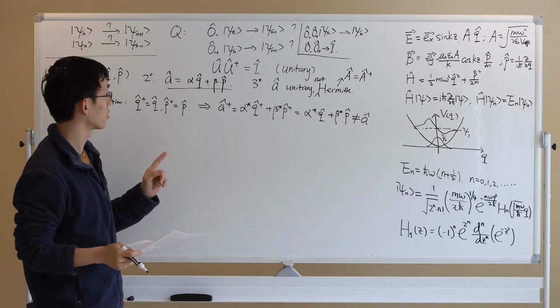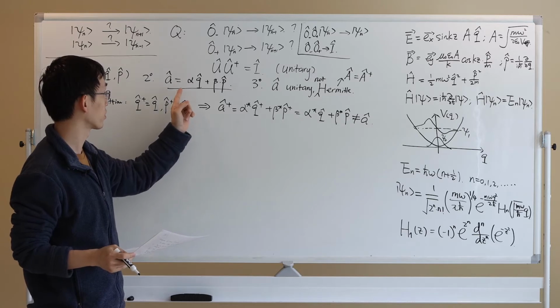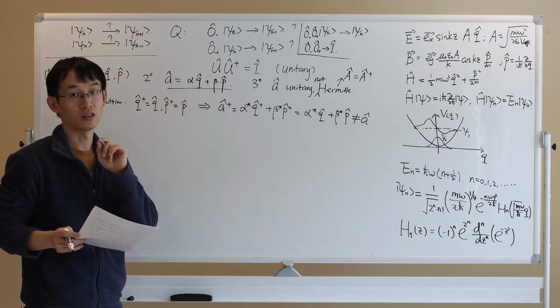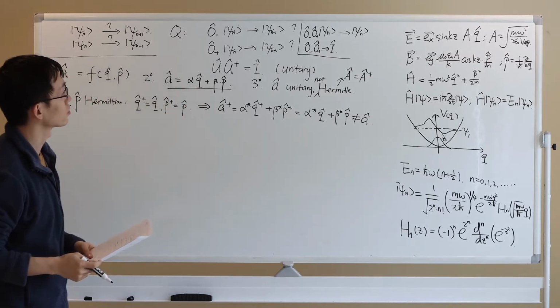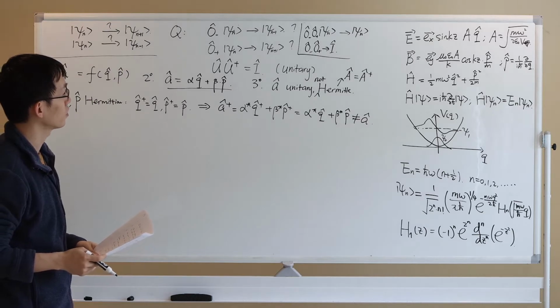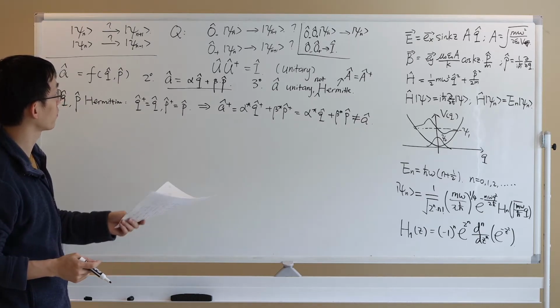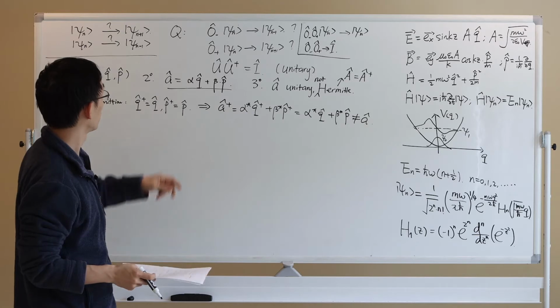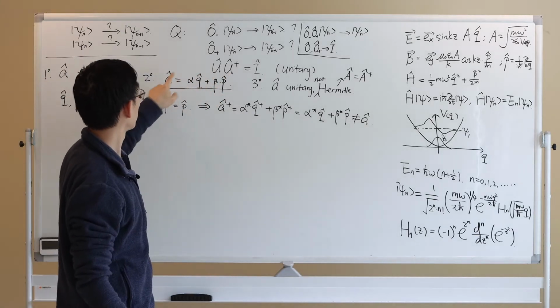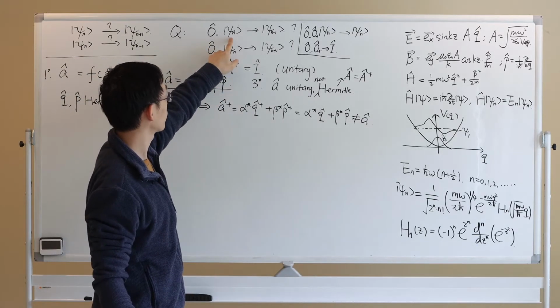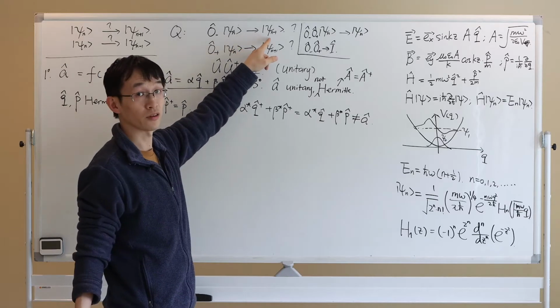Now let's use additional conditions to figure out what alpha and beta are most likely to be. Looking at these operators, if you act A on a wave function, it goes to another wave function.